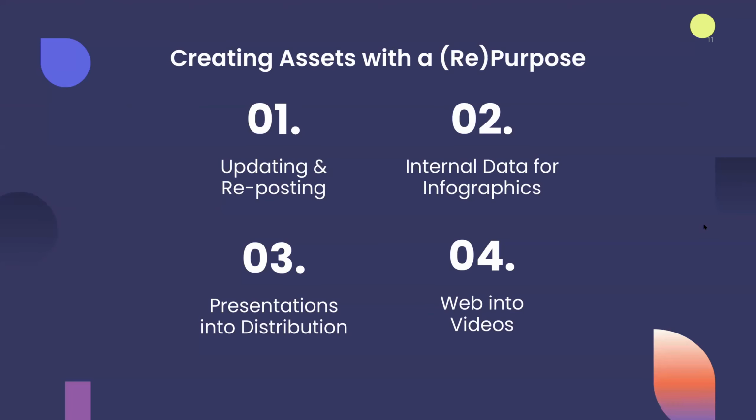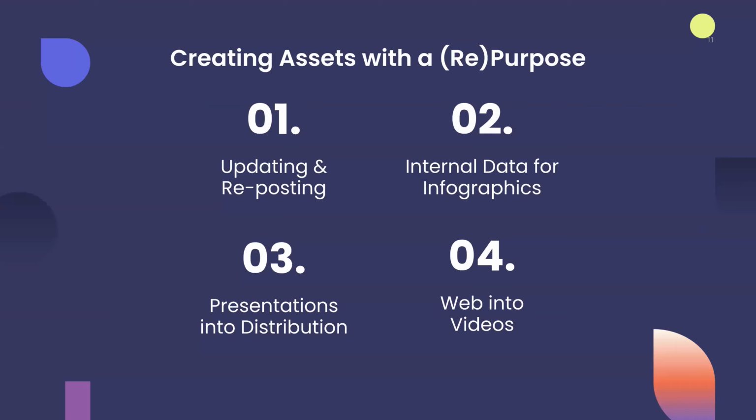So jumping into part 2, identifying what types of content you want to repurpose, or really seeing the way that you can increase the velocity of your marketing materials. These are the 4 ways that we'll be covering today.